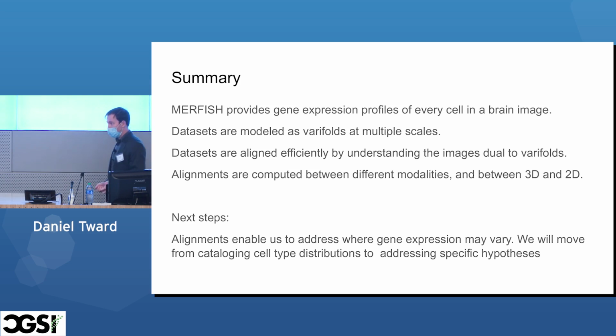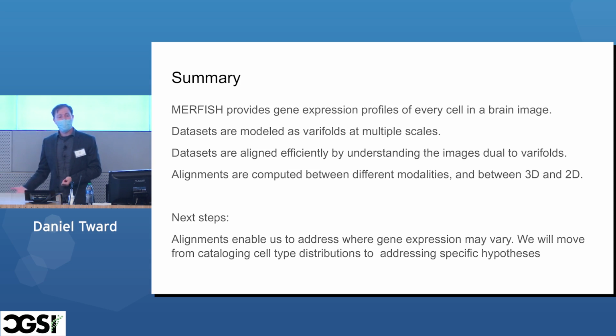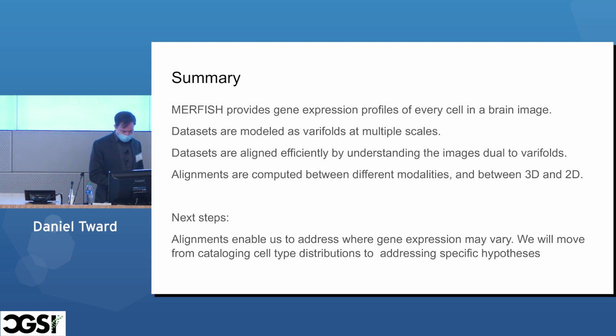So we can overcome quadratic complexity by applying some tricks that are known in the field of reproducing kernel Hilbert spaces. We can compute these alignments between images of the same modality, between different modalities, or even between 3D and 2D. And we're starting to apply these tools to validate the reproducibility, the accuracy of these new technologies, as well as cataloging all the cells in the brain.